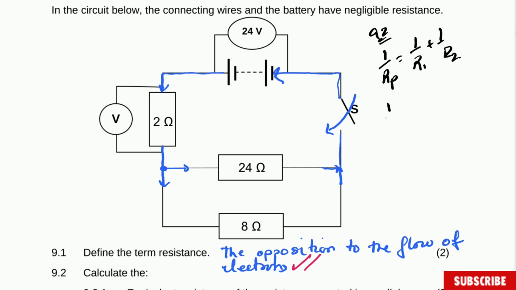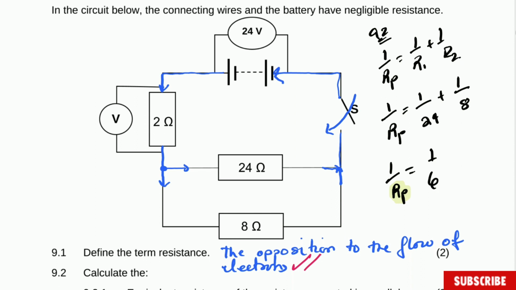So when you substitute, you have that 1 divided by Rp is equal to 1 divided by 24 plus 1 divided by 8. And then you will get that 1 over Rp is equal to 1 over 6. And guys, be careful. You can see that the resistance in parallel is the denominator. So how do we solve this one? All we have to do is swap the numbers around. That's all.